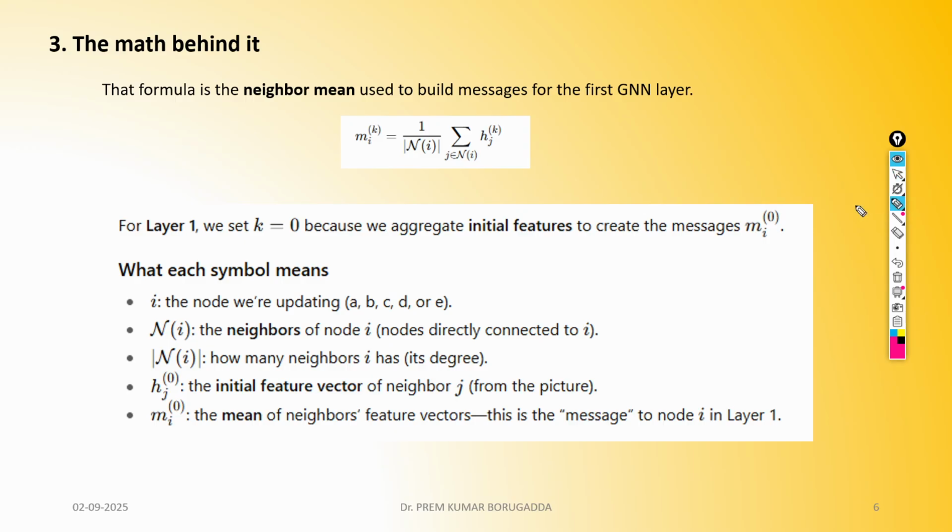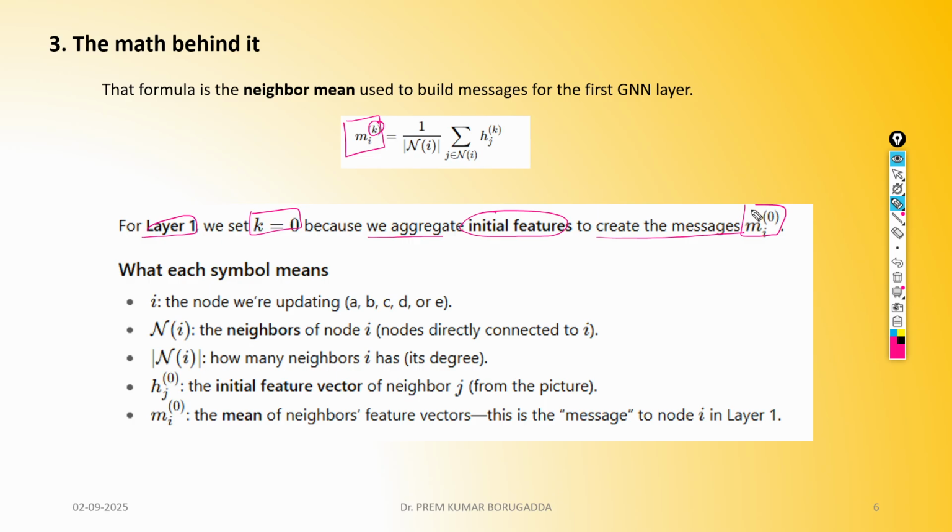In this formula, m_i^(k). What does k mean here? If it is the first layer, layer 1, we set the k value to 0, because we aggregate the initial feature vectors to create the message m_i.